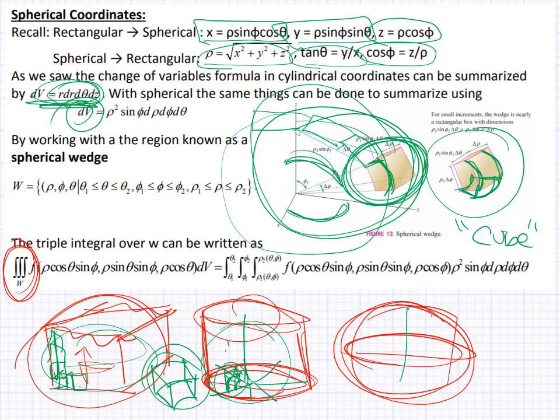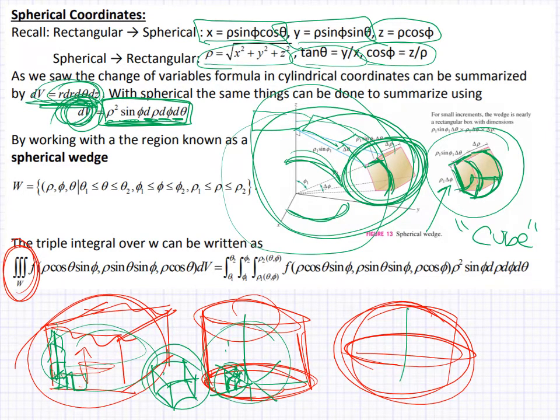So what's one of these spherical cubes going to look like? Well, the formula for one of those cubes is based off of all these distances. So you need this distance here, this distance here, this distance here. Through a little bit of trigonometry, we could come up with those values. But overall, the volume of that cube will be calculated using this: rho squared sine phi d rho, d phi, d theta. So this is our new differential, right? That's our dV.